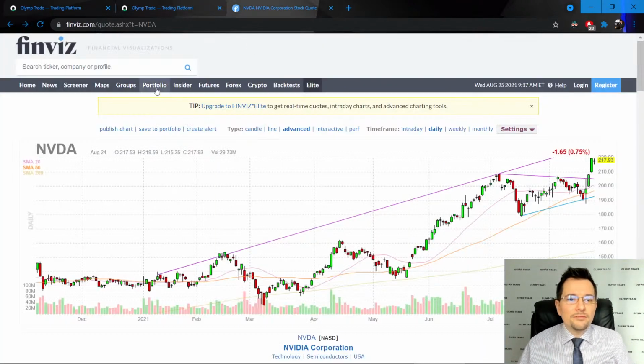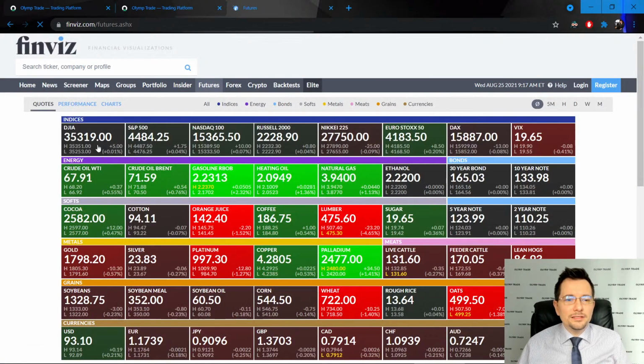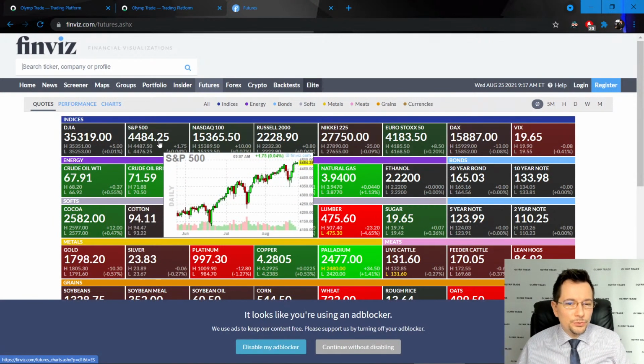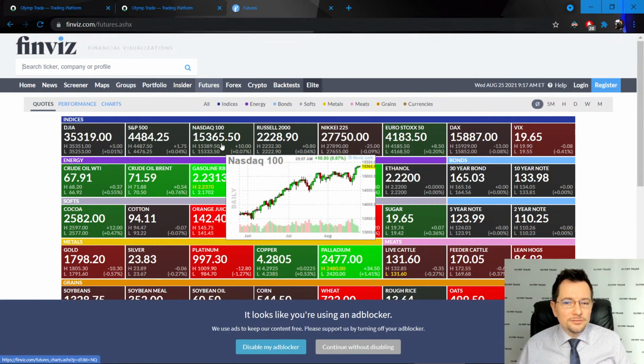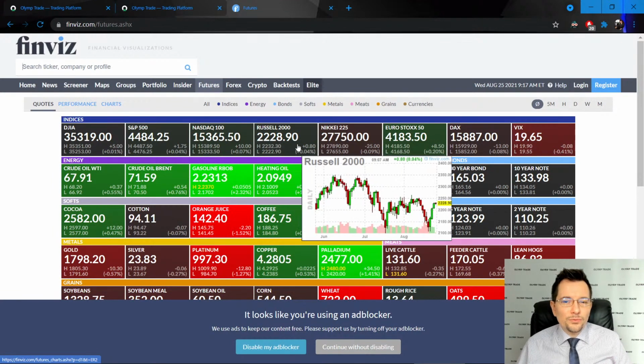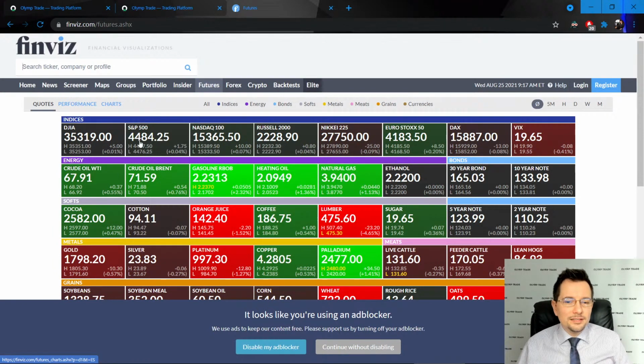Guys, once again, let's go to futures. Have a look at the market. Do you see the Dow Jones towards the end, what it's been doing over the last 2 weeks? We had a massive market sell-off over the last 2 weeks, something to correct, something to keep the market flat.